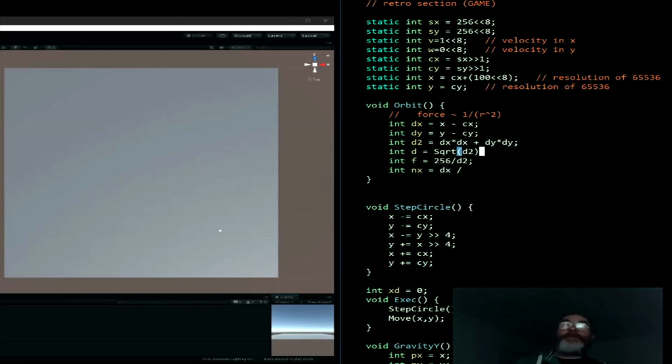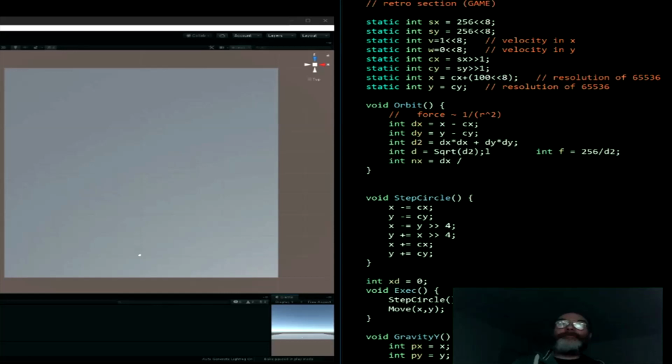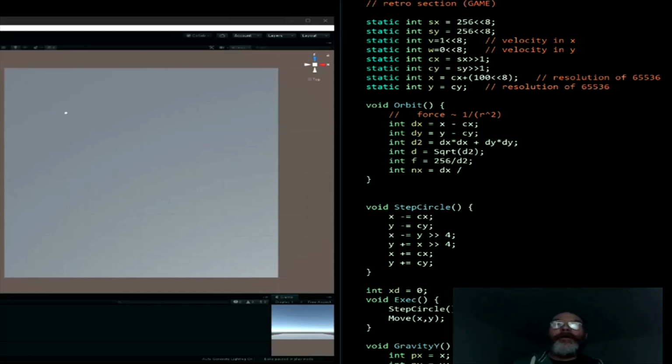The length of the vector is going to be d, and distance is equal to the square root of the distance squared. Then I've got my force, which is 1 divided by the square of distance. Then I'm normalizing the x coordinate, which is the x divided by the distance.